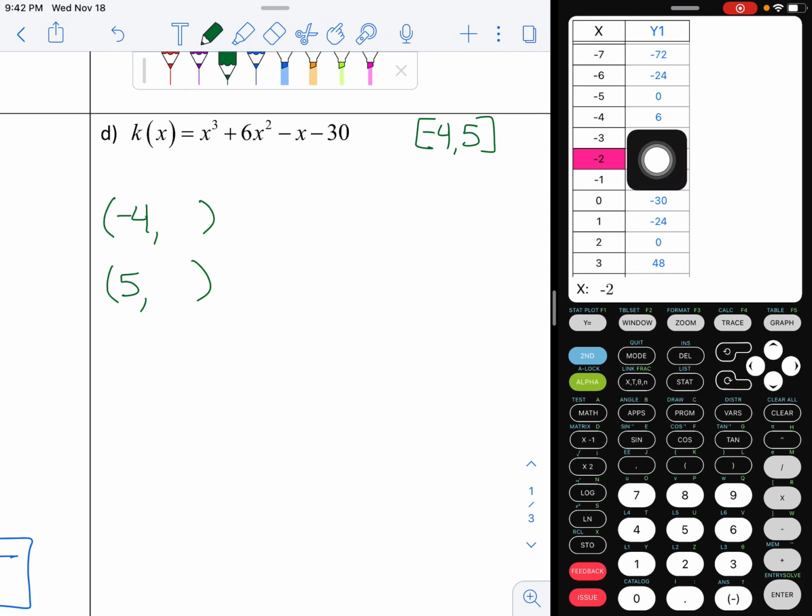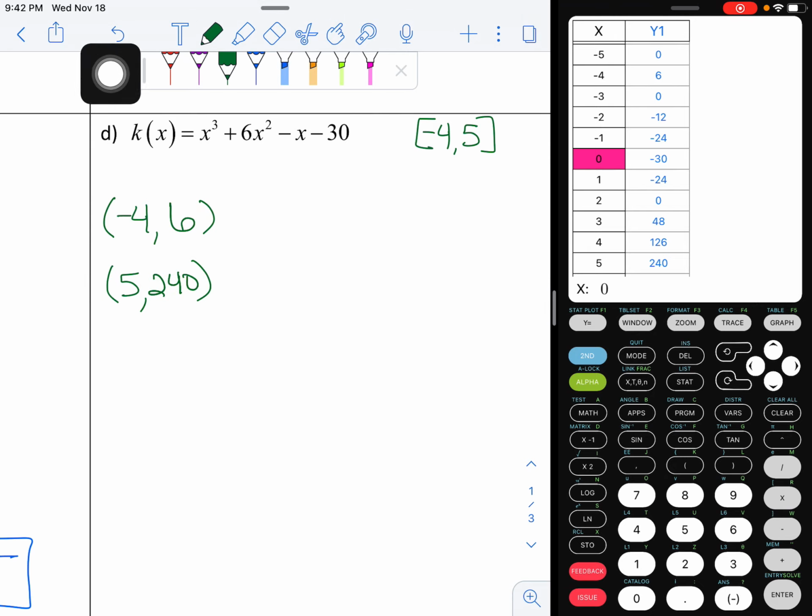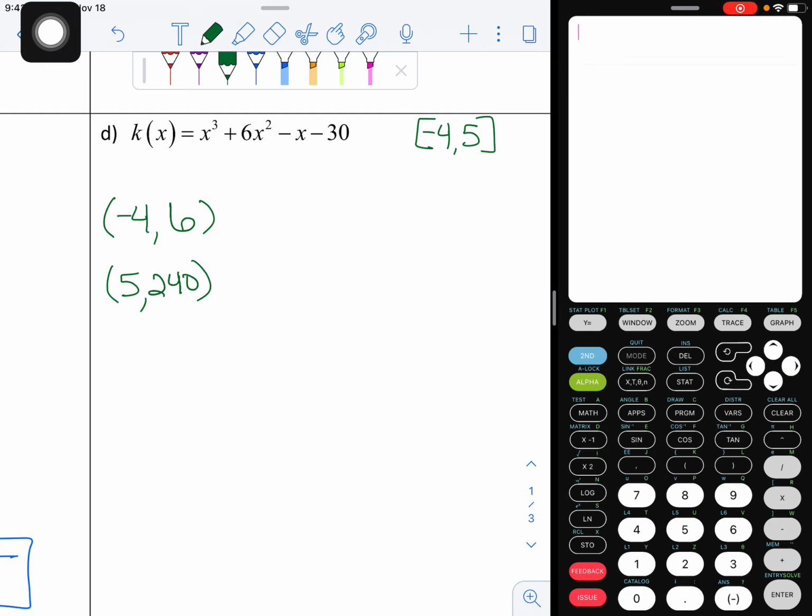At -4, I'm told that the y value is 6. So that means my ordered pair is going to be -4, 6. I need to scroll down just a touch. And then at 5, I have a function value of 240. Now I'm going to leave Desmos up, but I'm going to clear out the graph and quit out of the graph.